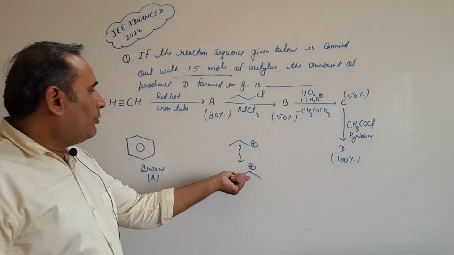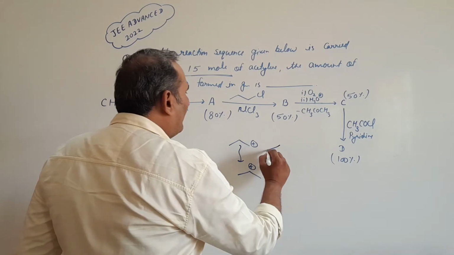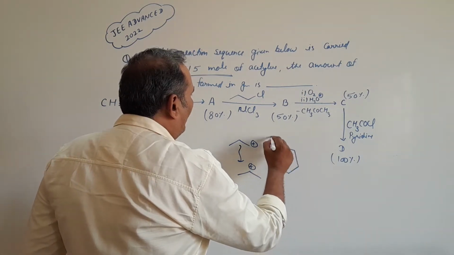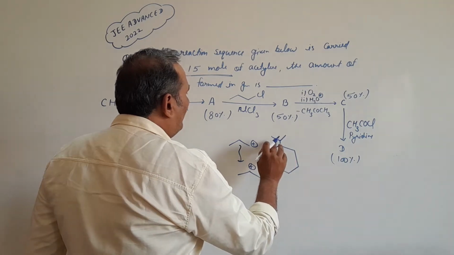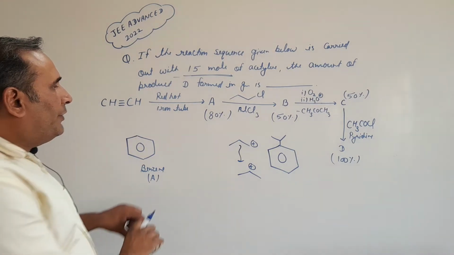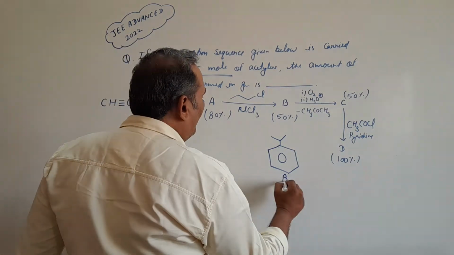Then this isopropyl carbocation, when it reacts with benzene, gives us cumene. So that is the structure of cumene, and cumene is our product B.